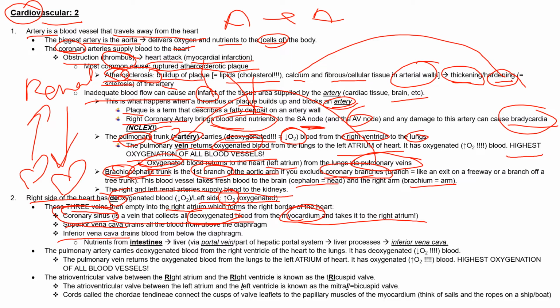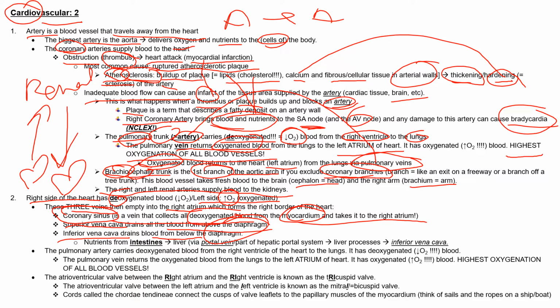That blood needs to be refreshed too. Superior vena cava collects all the blood from above, and inferior vena cava collects all the blood from below the diaphragm. Okay, so the heart sits on the diaphragm, above is superior, below is inferior.